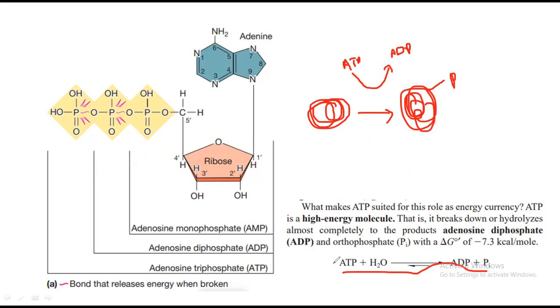So there is a coupled reaction. If someone asks you whether ATP directly gives its phosphate to the other molecule, your answer will be no, because it must be hydrolyzed to give 7.3 kilocalories energy. It should be hydrolyzed. After that, this phosphate will be given to the molecule.